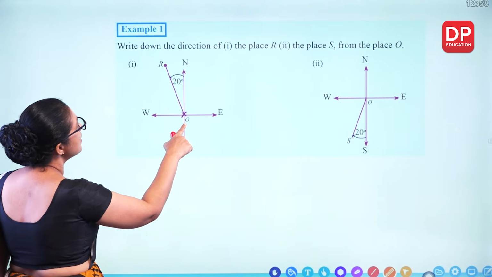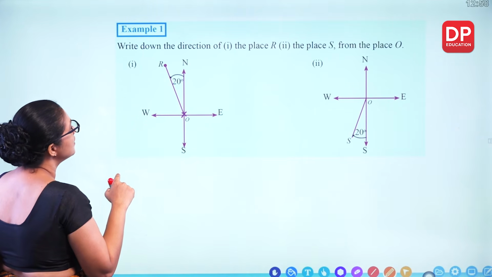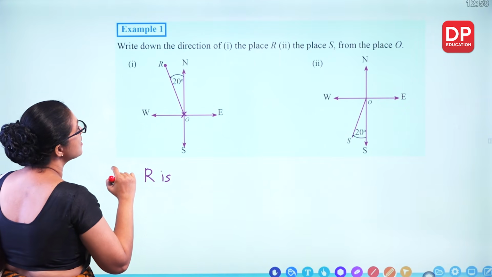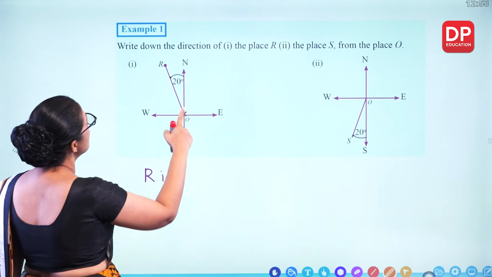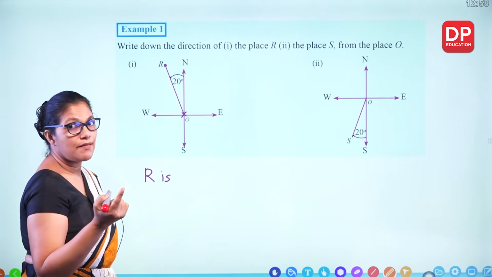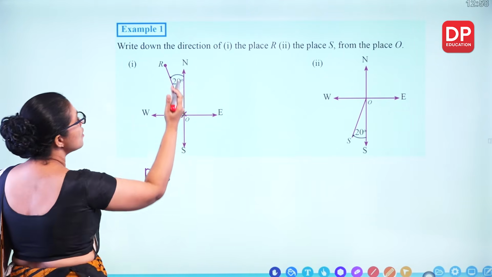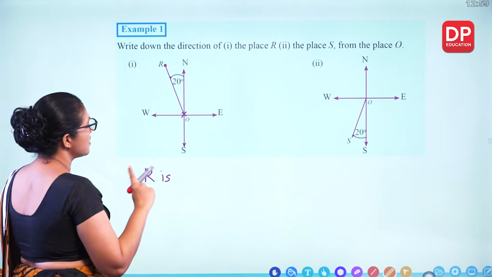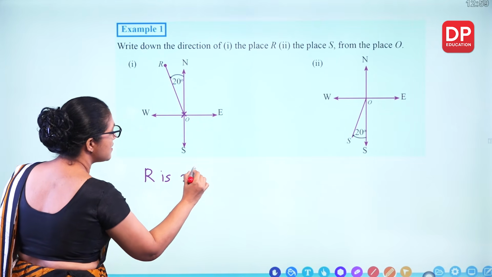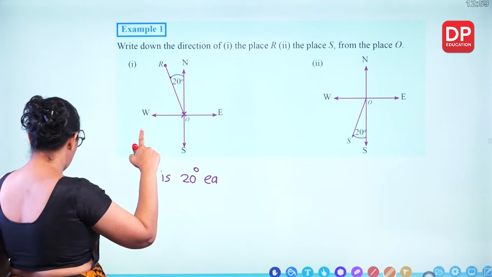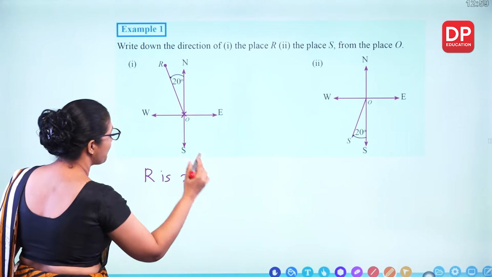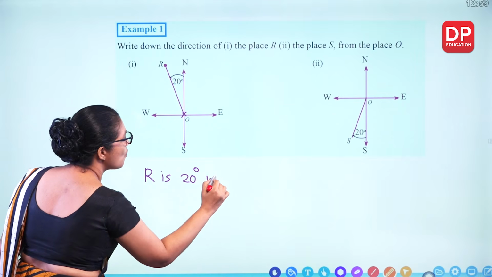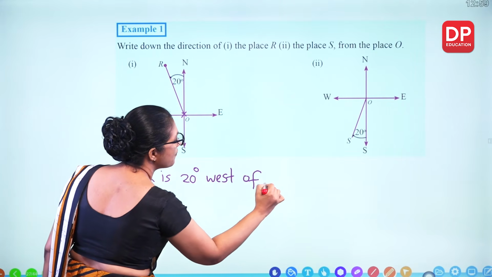I can write R is situated here. The distance is not given, just 20 degrees from north towards the west side. So R is 20 degrees west of north.